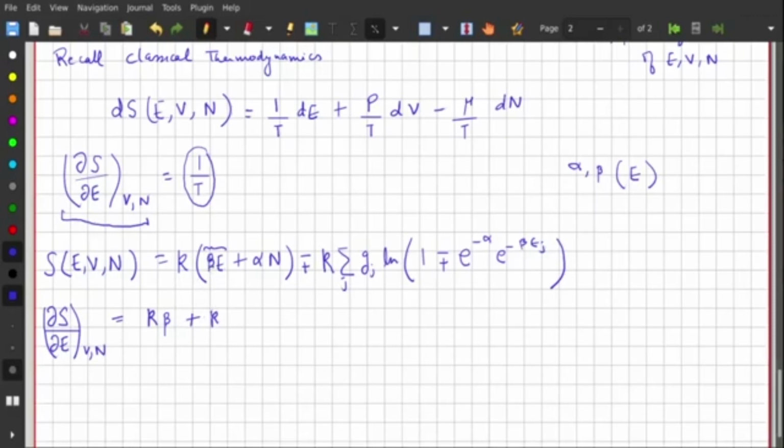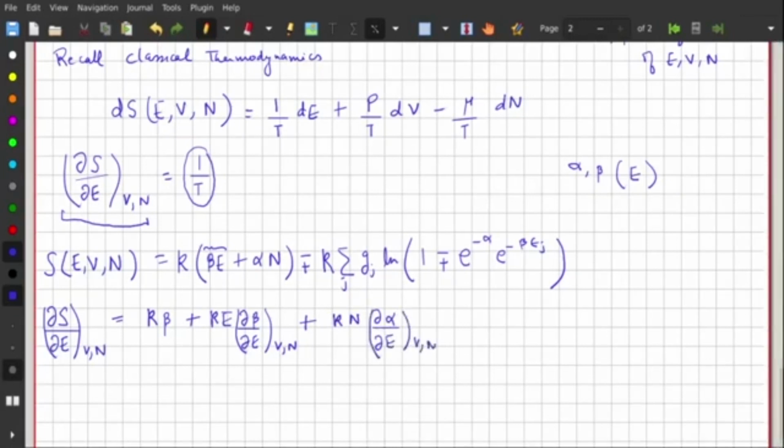Plus we now have k E, and now we need to differentiate beta itself, so partial beta with respect to E at constant V, N, plus k N partial alpha partial E at constant V and constant N.